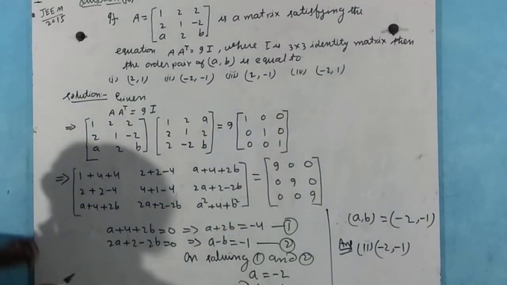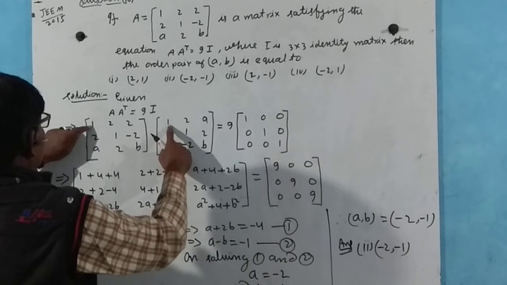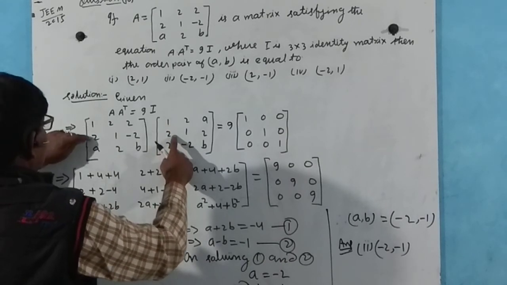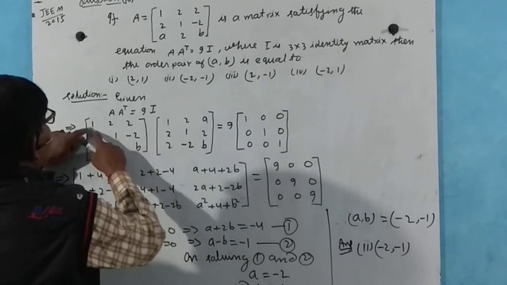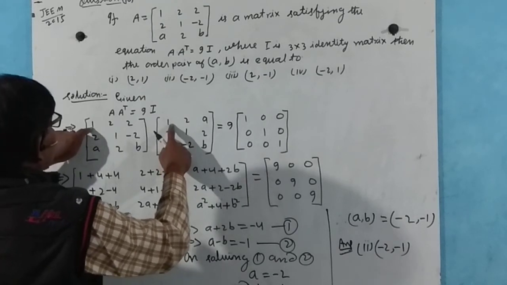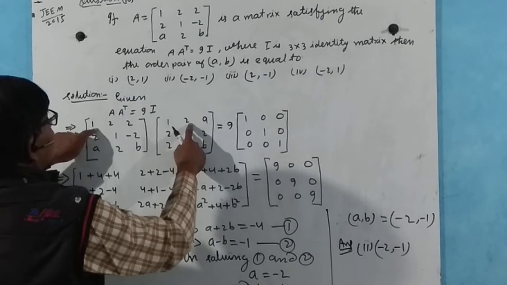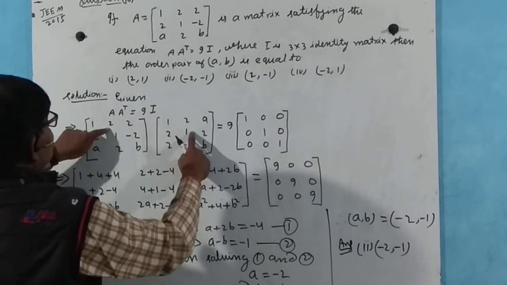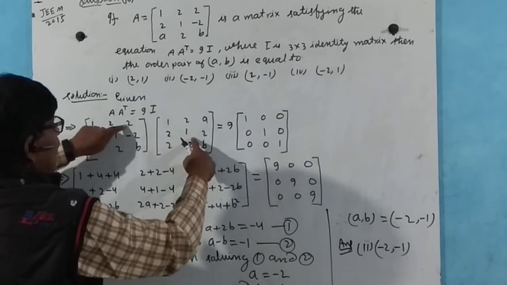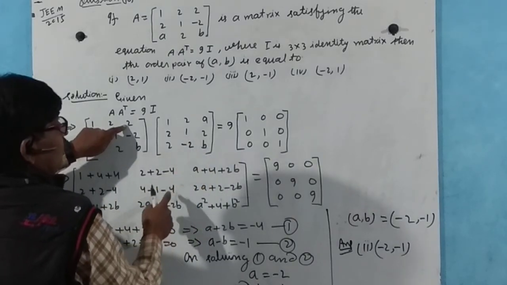Now by the row by column method, 1 square plus 2 square plus 2 square is 9. Then the next element is 2 plus 2 minus 4, which is equal to 0 here.